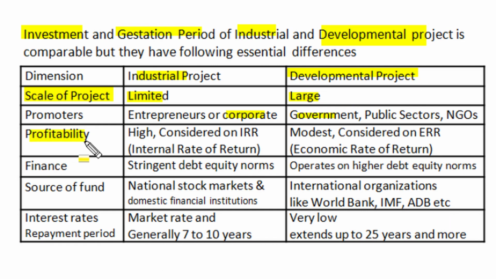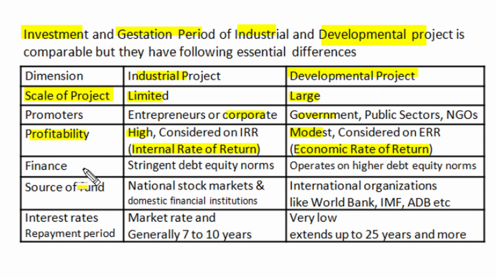As far as profitability is concerned, industrial commercial projects have a high amount of profitability, and projects are designed considering the internal rate of return, and investment is initiated only on the assurance of returns, whereas in developmental or social projects, profitability is modest, and these projects are designed considering the economic rate of return. That means in a large span of time, ultimately the investment in developmental or social projects proves to be beneficial.